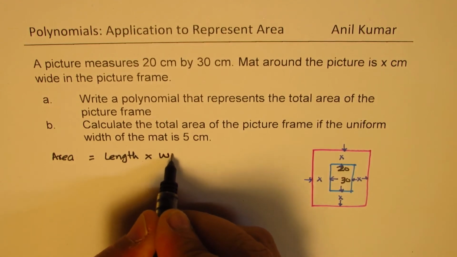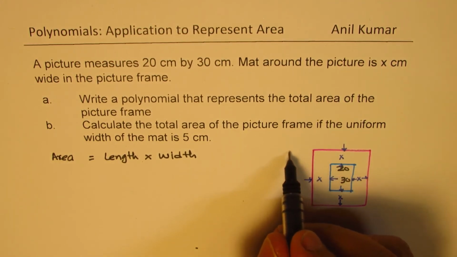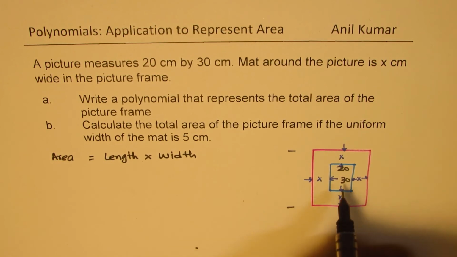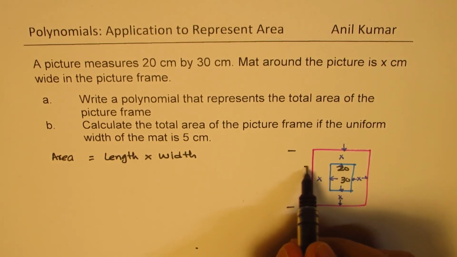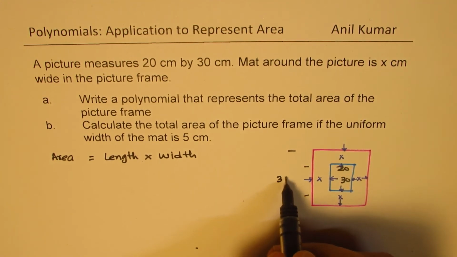Length times width, correct? Now in this case, the length will be how much? Length, let's say this side will be the length. We have 30 plus x, right? So that means 2x. So this could be written as 30 plus 2x. Clear?